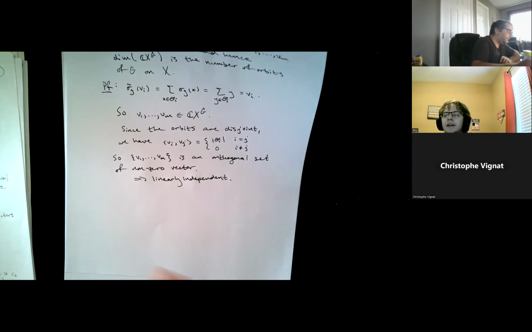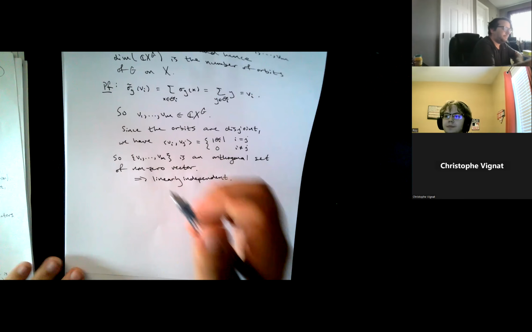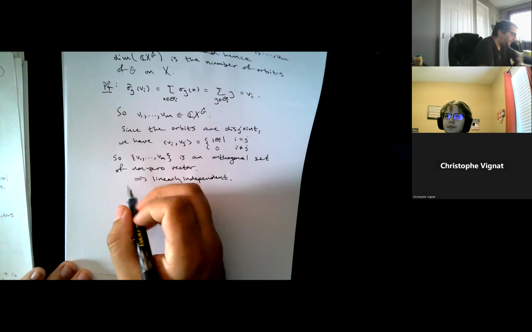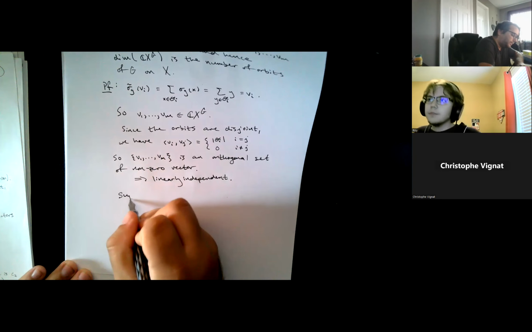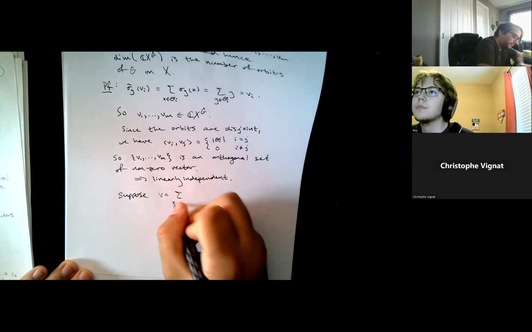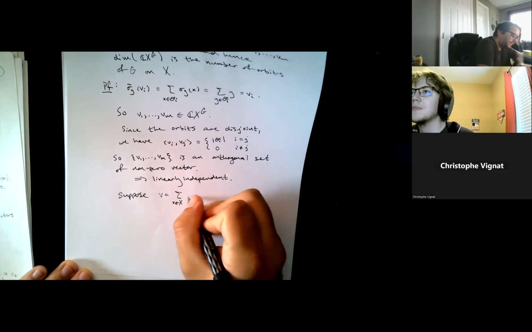Okay, so now we just have to show that they span the fixed subspace of the span of X. So suppose that v is some element of this space.